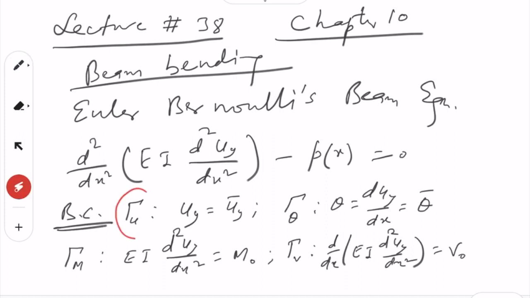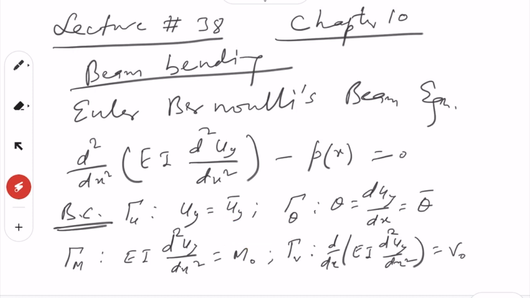So there are 4 types of boundaries, meaning there are 4 kinds of boundary conditions: the condition on the displacement, the slope itself, the bending moment at the ends, or the shear forces at the ends. These are the 4 possibilities, and a combination of them is typically what you see in a problem.